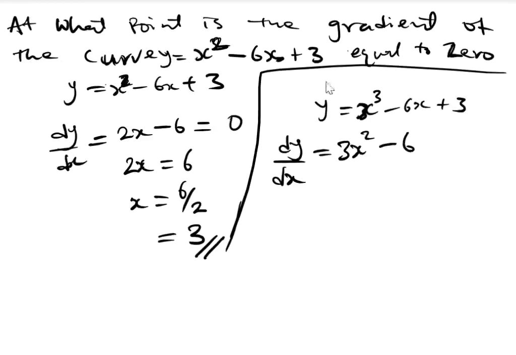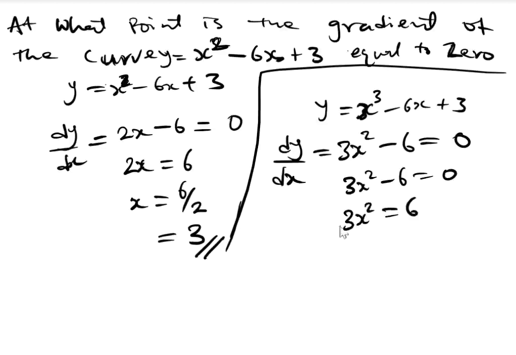But we are asked at what point will the gradient be equal to 0. Therefore, we have to equate this to 0. So now I have 3x squared minus 6 is equal to 0. We can make x the subject of formula. And this will be 3x squared is equal to 6.